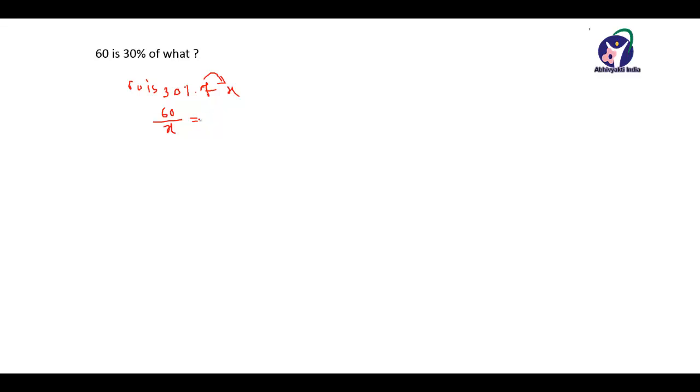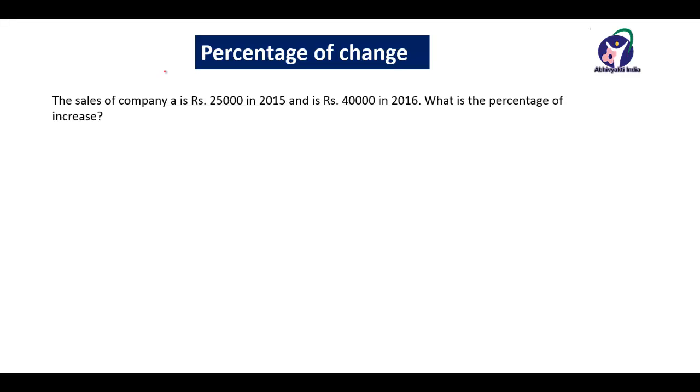So 60 by x is equal to 30, and so 60 by 30 is equal to x. So 3 2s are 60, and since we have left the percent part, x is equal to 200. So 60 is 30% of 200.